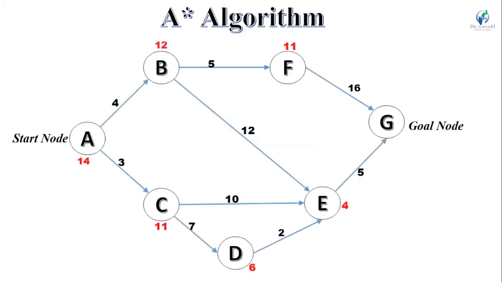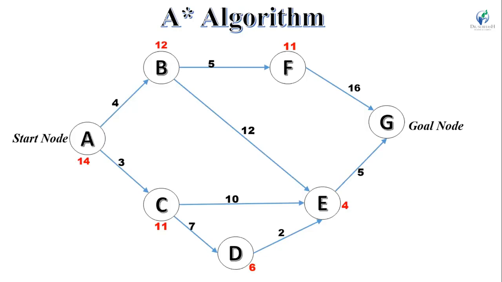Now we can see an example of A star algorithm. In this, we have start node A and goal node G. With the help of intermediate nodes B, C, D, E and F, we can reach the goal node with the cheapest path. For that we have the actual cost and heuristic cost of each node.